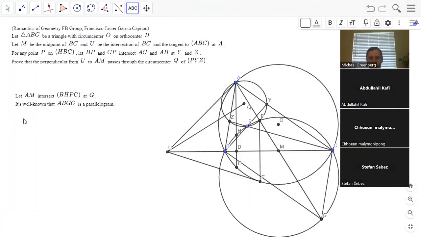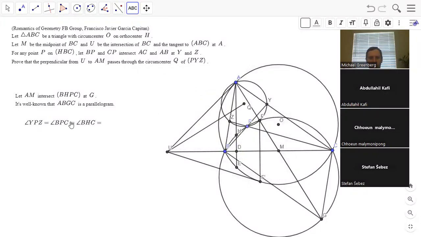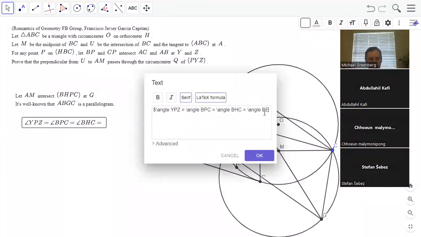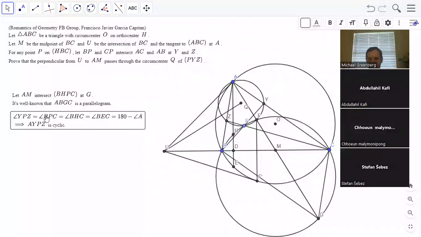So angle YPZ equals angle BPC, BHC, which is BEC, which is 180 minus angle A. That means that AYPZ is cyclic. And then let AM intersect BPHC at F.